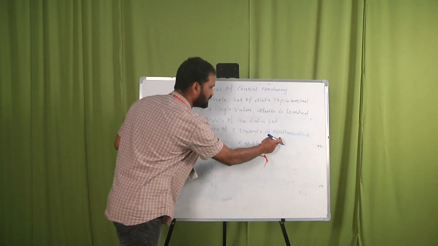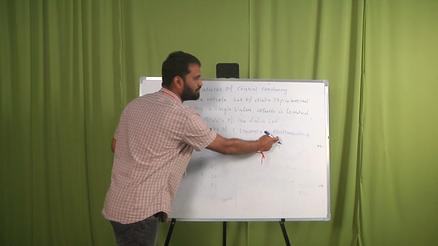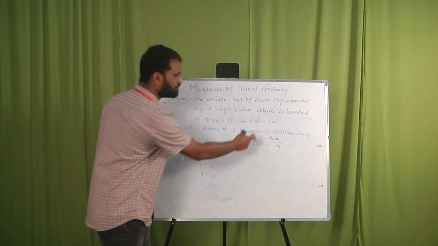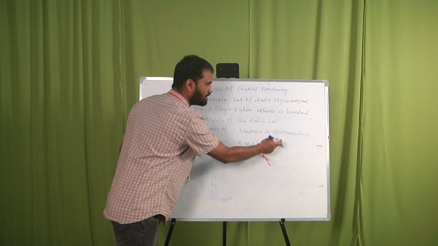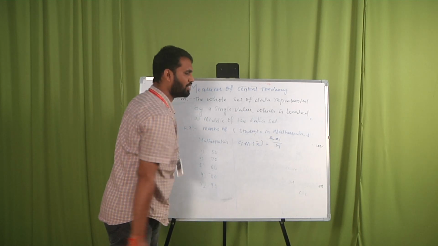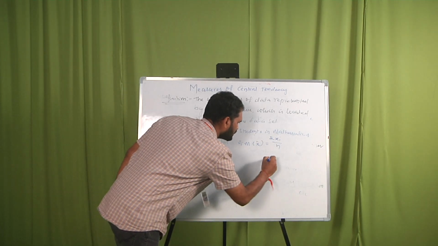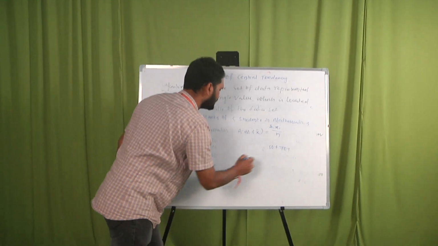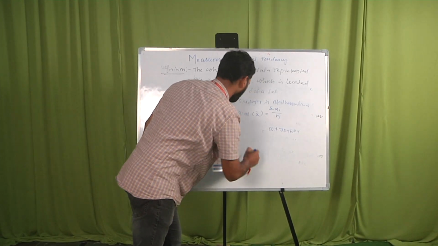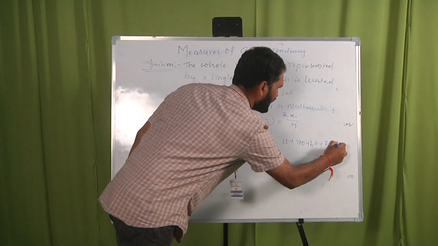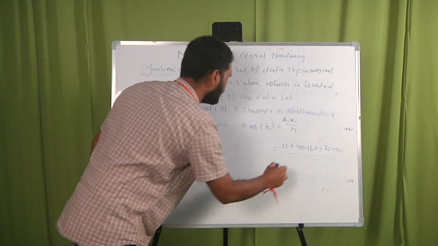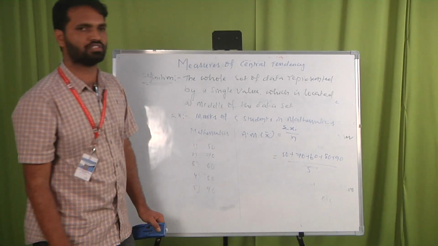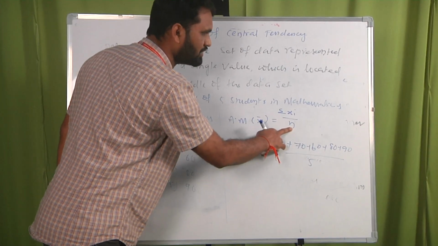Right? Sum of observation. X is an indication of observation. Sum means adding all observations, divided by number of observations. So 50 plus 70 plus 60 plus 80 plus 90 divided by 5. Number of observations is 5. N means number of observations.